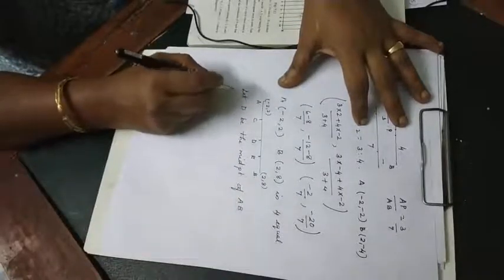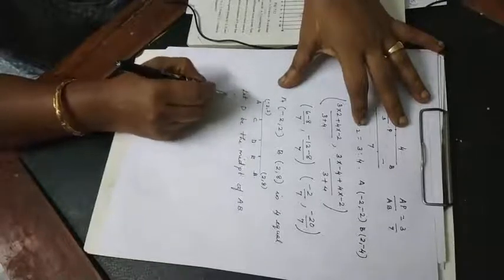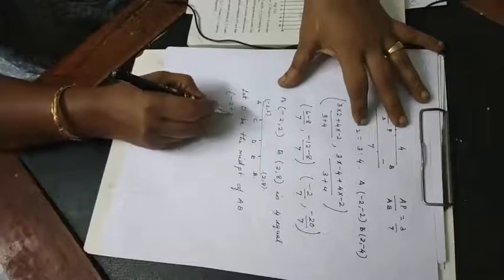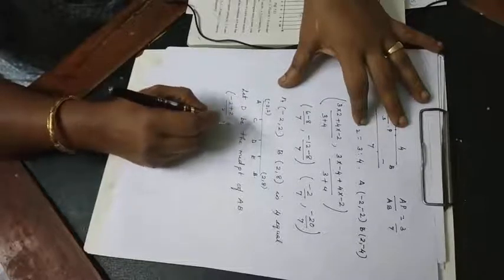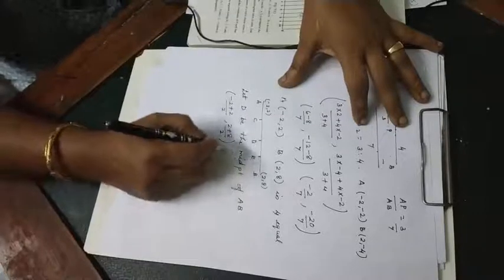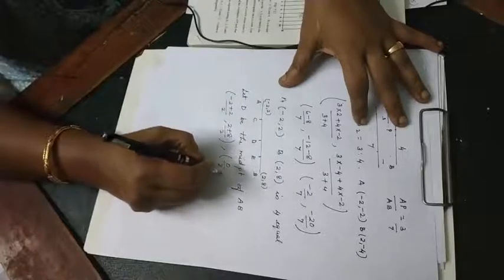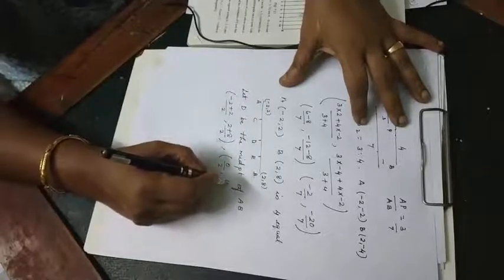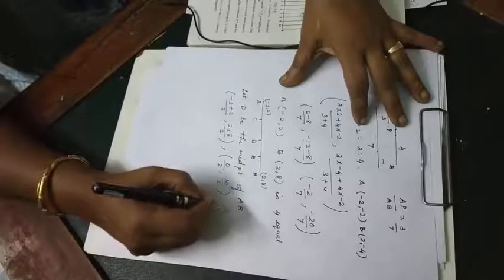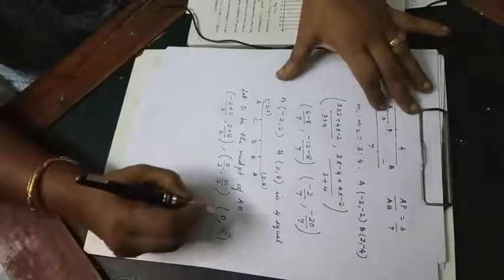So coordinates of D are (-2 plus 2) divided by 2, and (2 plus 8) divided by 2. That is 0 divided by 2 and 10 divided by 2. 0 divided by 2 means 0, and 10 divided by 2 is 5. So D you will get as (0, 5).